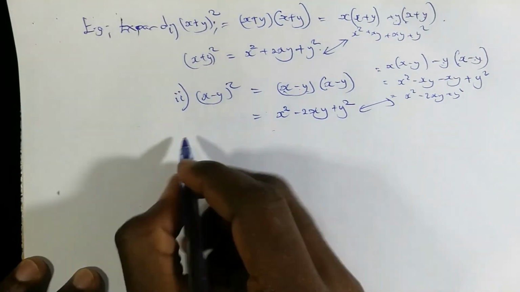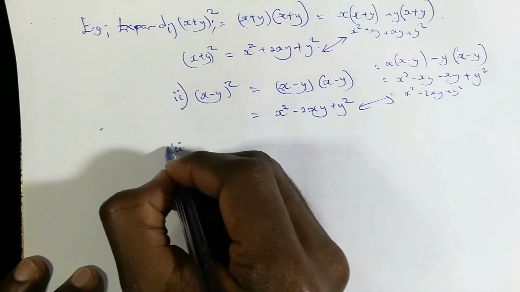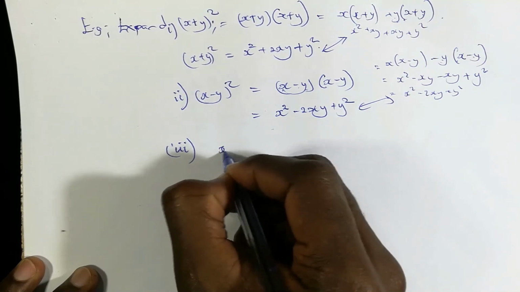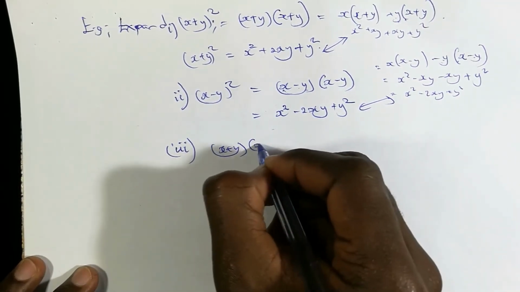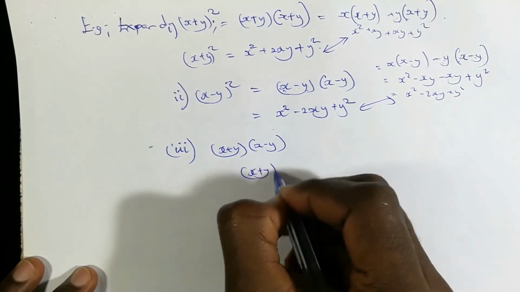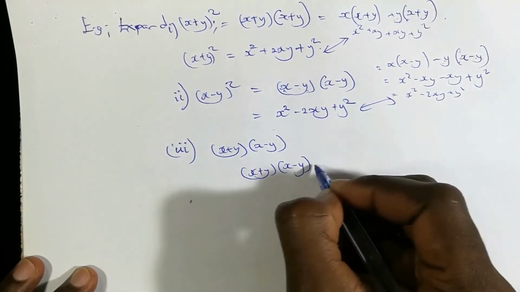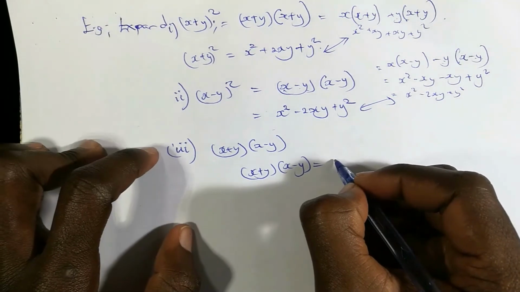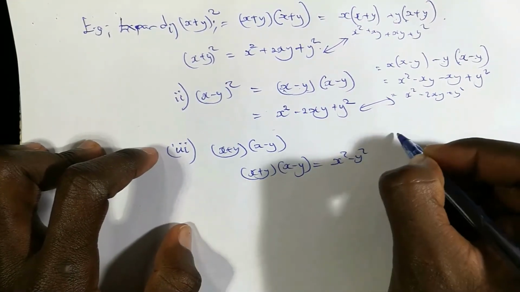Okay, the third one we can look at. If you have x plus y applying x minus y, we looked earlier from our derivation that this is given by x squared minus y squared.